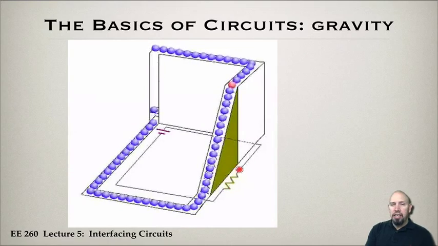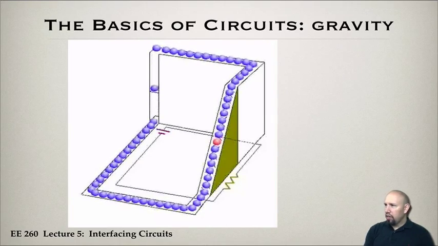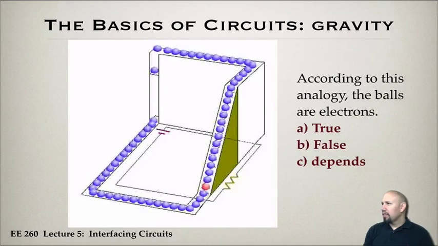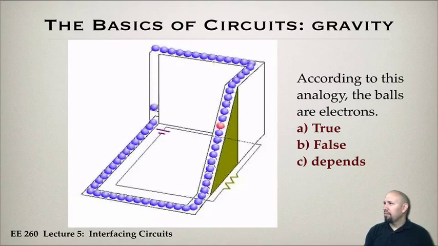It impedes the motion of the electrons. Okay, so actually, the charges. So now, according to this analogy, we have a true-false question. According to this analogy, the balls are electrons. True or false?